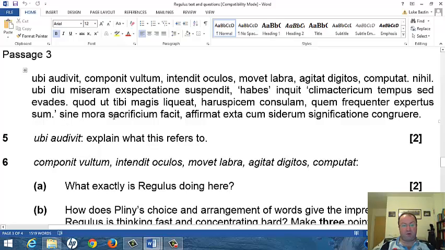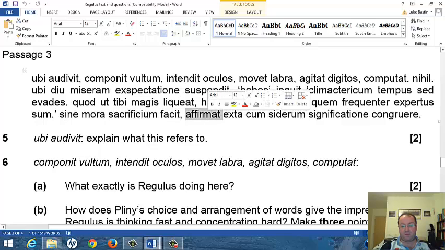Okay, sine mora sacrificium facit ad firma exter considerum significatione congruere. Okay, so this bit, whom I use a lot, is the end of Regulus' speech. What happens then is there's a line describing what he does after he has finished talking. So sine mora, without delay, sacrificium facit. He makes, notice the present tense, a sacrificium, a sacrifice.